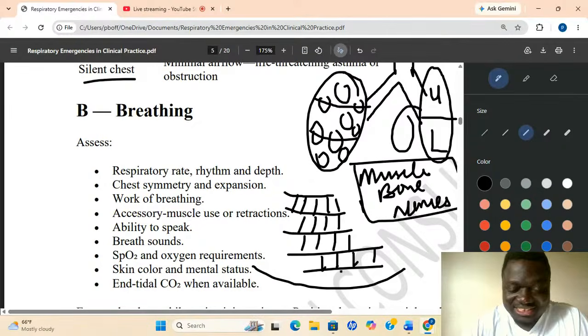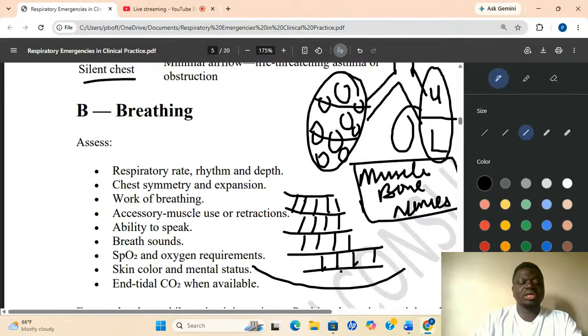Every human being on earth, except children and babies, they sometimes borrow. Most of the time babies borrow abdominal muscles to help them breathe. If you have a child who is breathing, you look at their abdomen and you see the abdomen moving up and down. So if you are waiting for a child's chest to move up and down, you are sometimes making a big mistake.